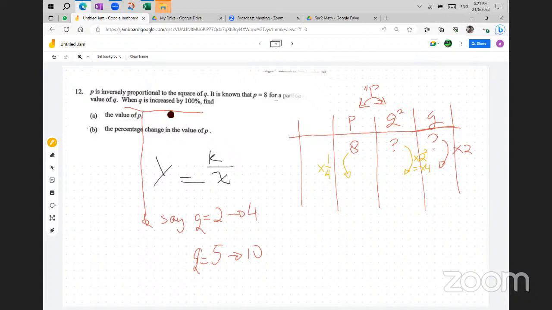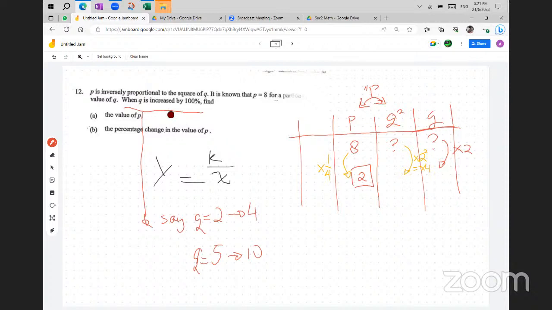Slow down. Do you understand or not? Times 1 over 4. If you understand that, I already have the value of the new P, which is 2. That would be the answer. I haven't explained much, I'm just showing you the method.